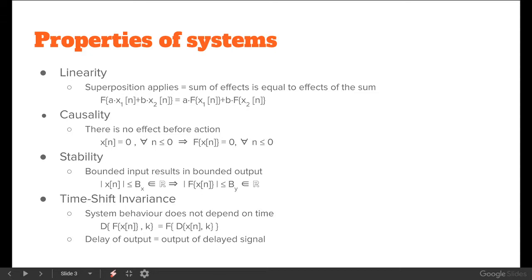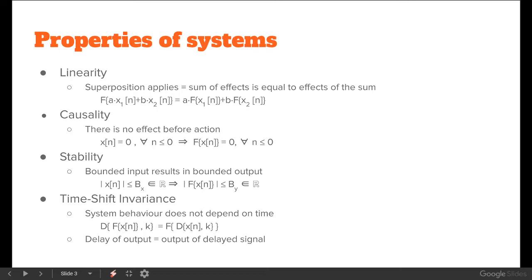Stability. Stability in our system means this kind of bounded input, bounded output stability, which means that, okay, again, these stereos, if you have a limited signal, then you know that it doesn't saturate. That's a stable system.